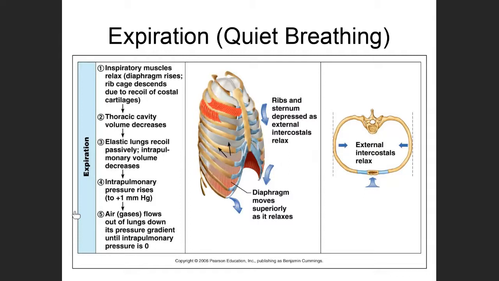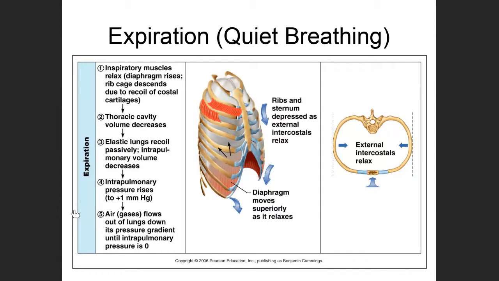The other thing that happens is your external intercostals relax. They stop pulling the rib cage out and stop causing it to flare out. The rib cage collapses back down, and you get a decrease in the volume of the thoracic cavity and lungs in that plane as well.